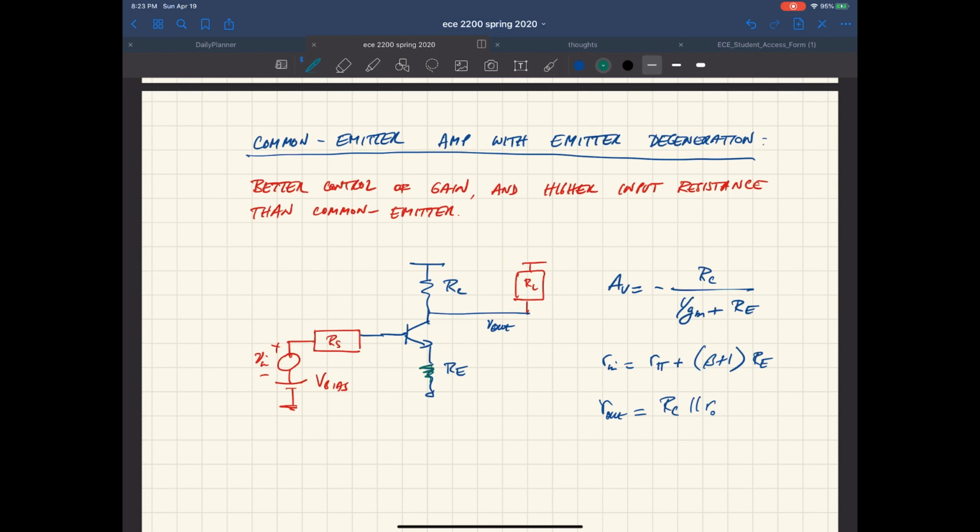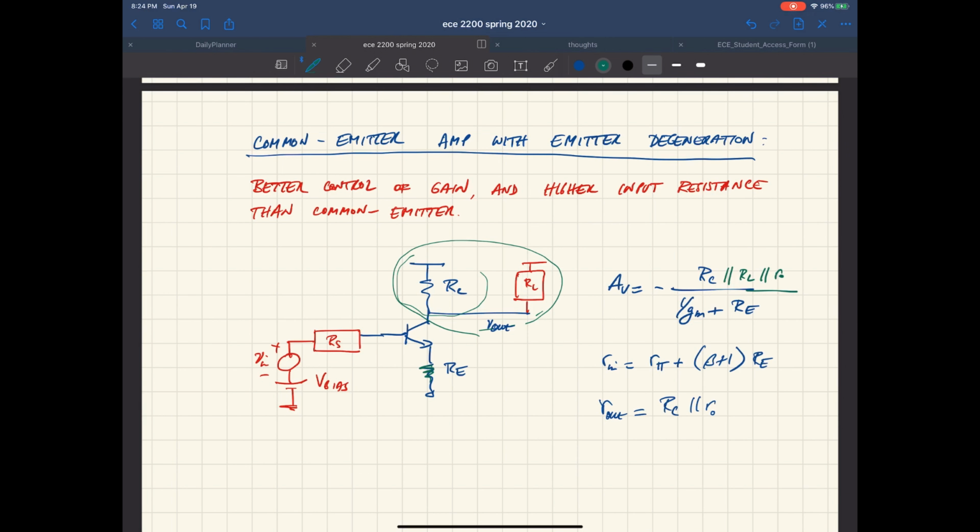But the gain now is minus the total resistance seen at the collector, which, if we weren't driving anything, would be R sub C, or R sub C in parallel with R sub L in parallel with R0, divided by 1 over g sub m plus R sub E.